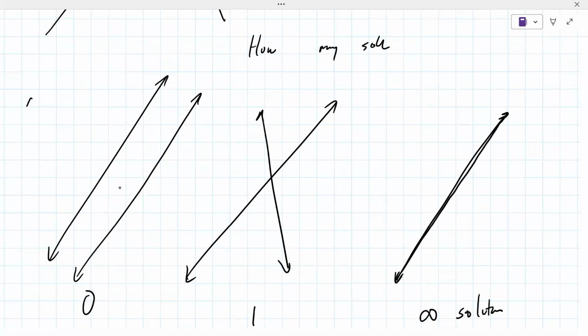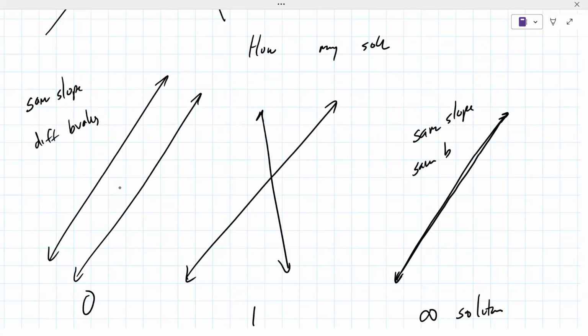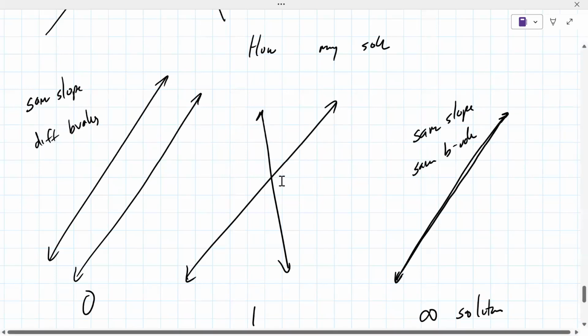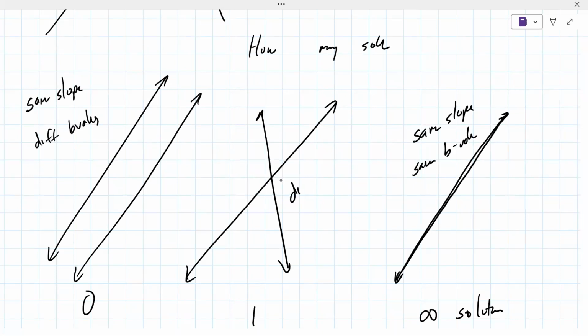Parallel lines have the same slope, but different b values. Infinite solutions has same slope and the same b value. Intersecting lines have different slope.